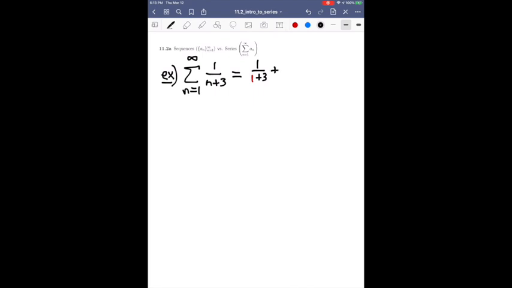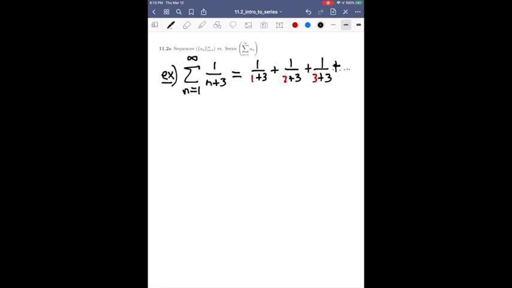So we have 1 over 1 plus 3. The second term, a sub 2, that we add to the first term would be 1 over 2 plus 3. The third term would be 1 over 3 plus 3. And we would keep doing this.